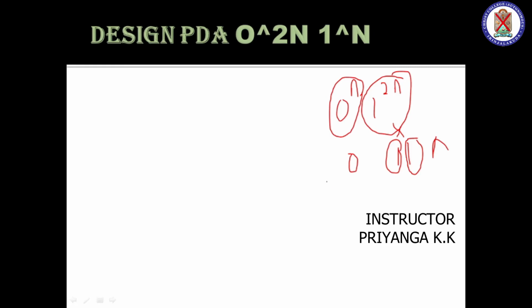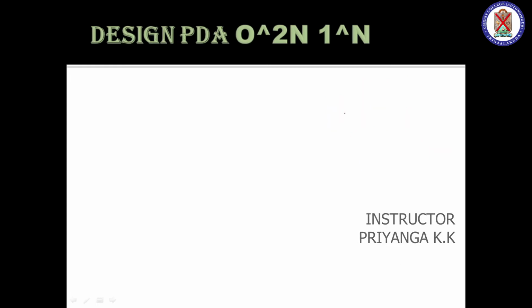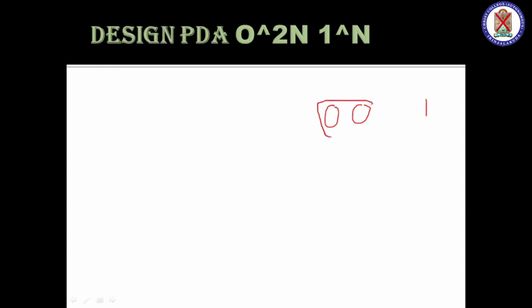In a similar way we are doing this, but there is one difference, because here it is 0 raised to 2n, so for two zeros we must match one 1. When we have to match two zeros to one 1, the first 0 we will make as x and the second 0 we will make as 0.